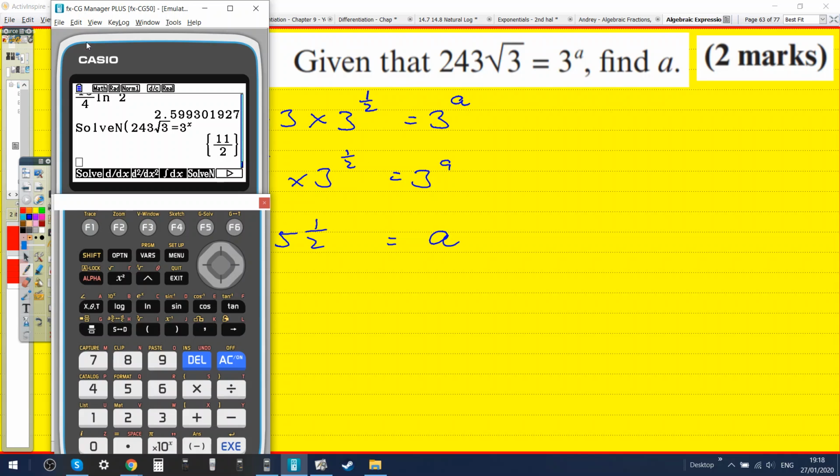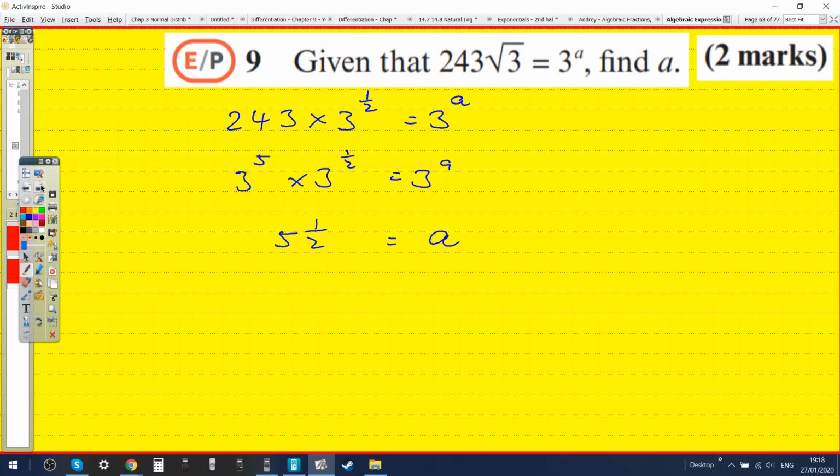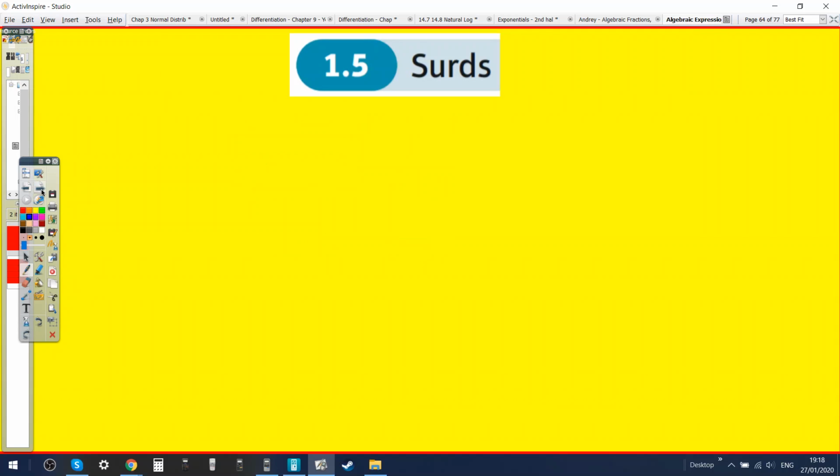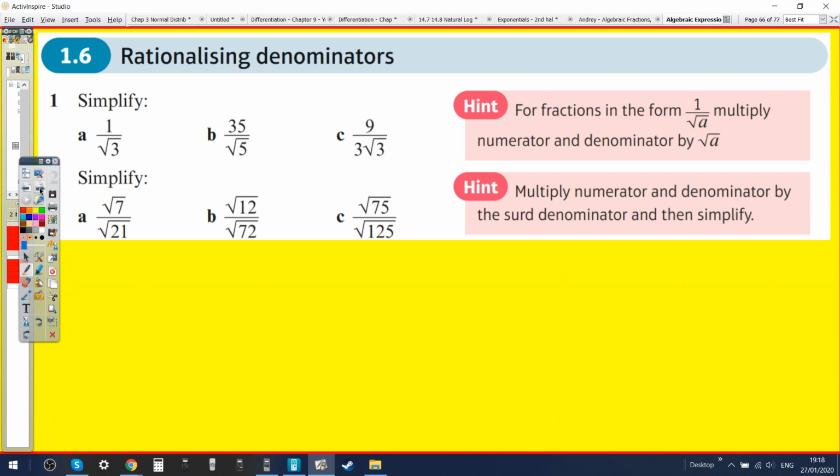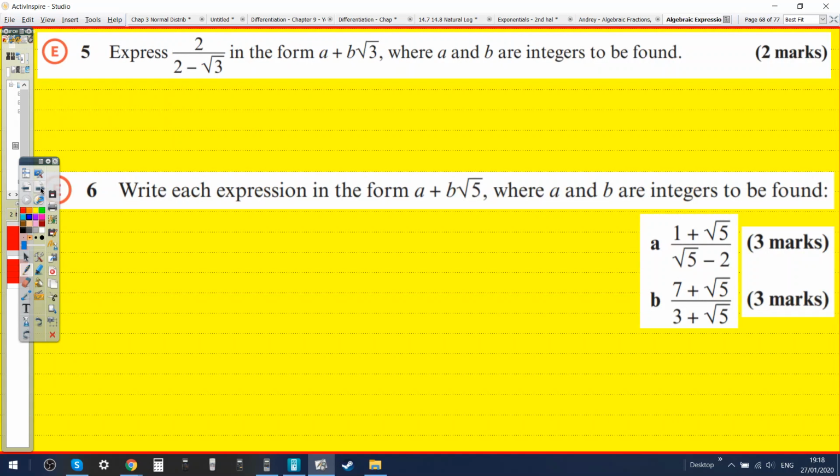Yep. Okay. Boom. I'm sure they'll try to thwart us from doing that too often. So that's surds, the hardest one for surds.